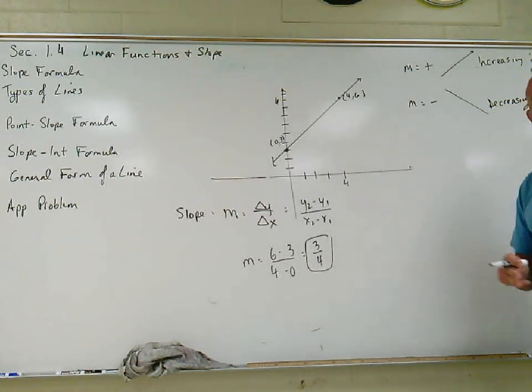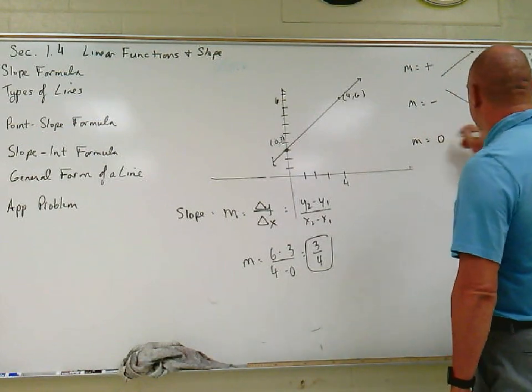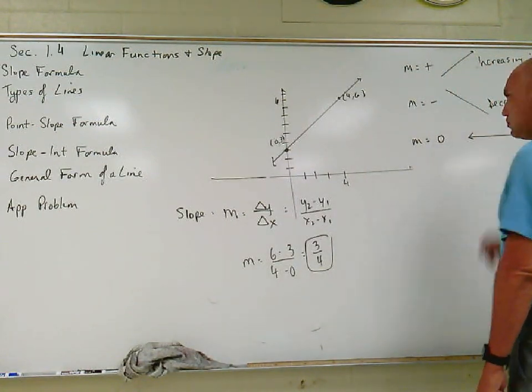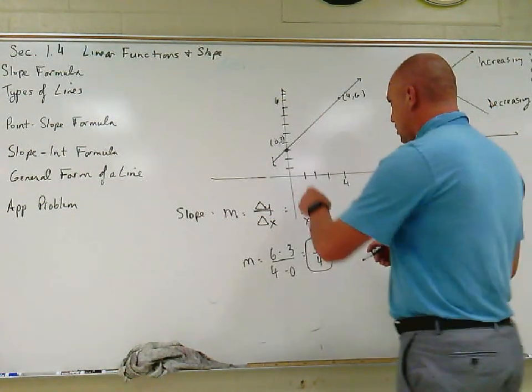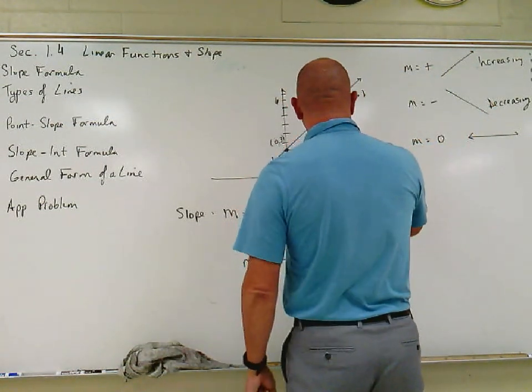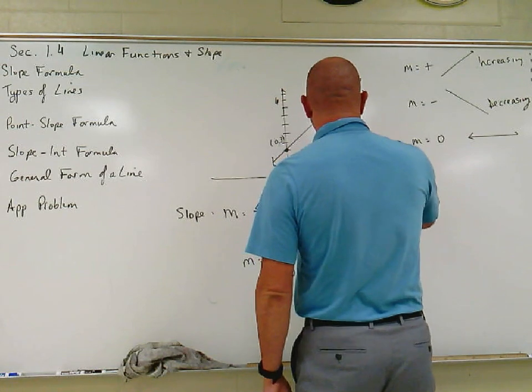What are the other 2 scenarios? There's 4 scenarios for slope. Well, if it's not rising or falling, what is it? Yeah, slope is 0, that's for a horizontal line. Okay? And just to prove that, let's say we took a line here, (0, 3), and let's say the other point was (4, 3).